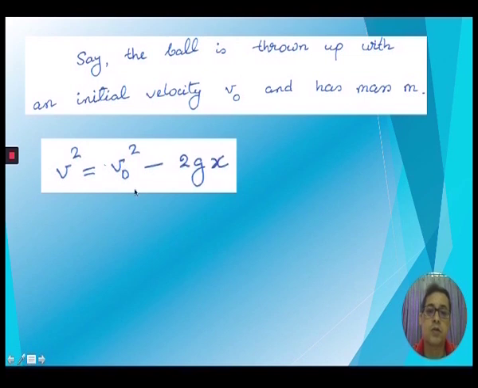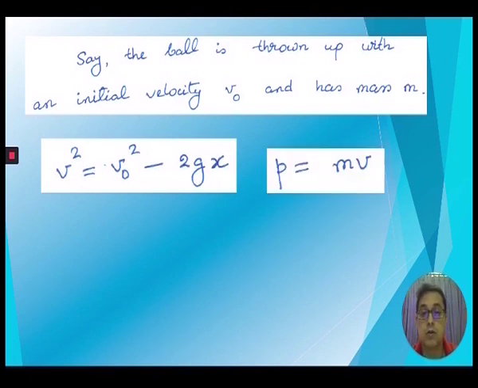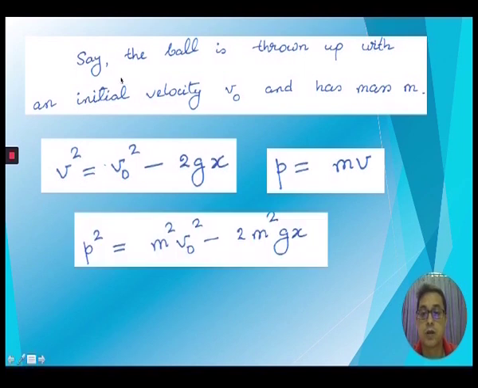From this equation, we have velocity versus position, so you simply have to convert it to a momentum versus position equation. You multiply both sides by m squared. If you do that, you get this equation.